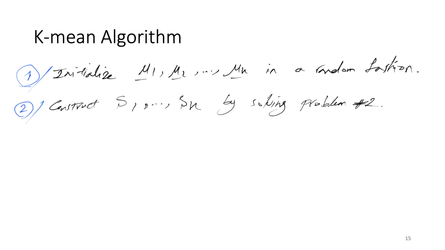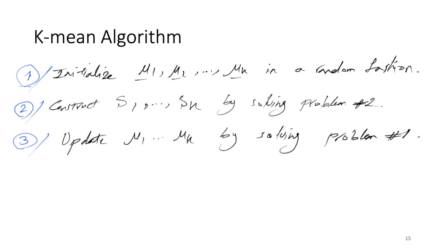And then it's going to construct the S's, the k clusters that were asked for, by solving problem number 2 that we just saw. So the closer x is to each center, the more it belongs to that specific cluster, right? After it has constructed that, it's going to update the mu's that were initialized randomly at first.